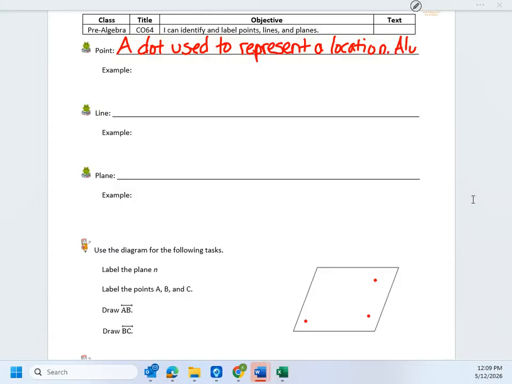It's always written with a capital letter. So when you are labeling the dot, it's always going to be a capital.